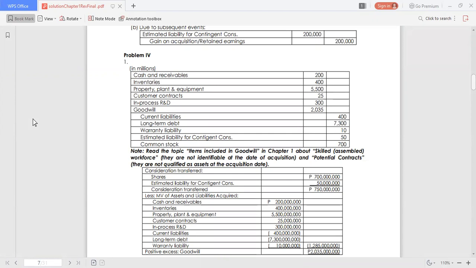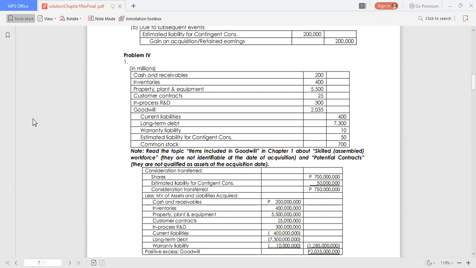Then we have the customer contracts, which are not currently reported on Sandy's balance sheet, in the amount of 25 million, and in-process research and development valued at 300 million. Goodwill is initially blank. We have to compute it as a balancing figure, based on the computations below.